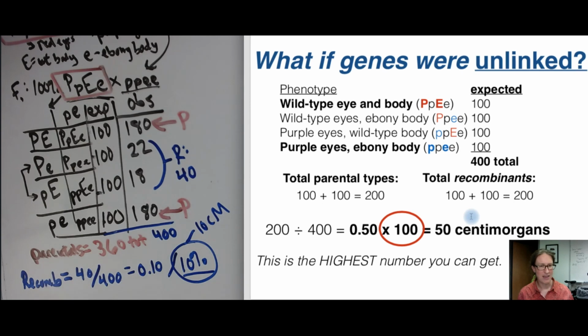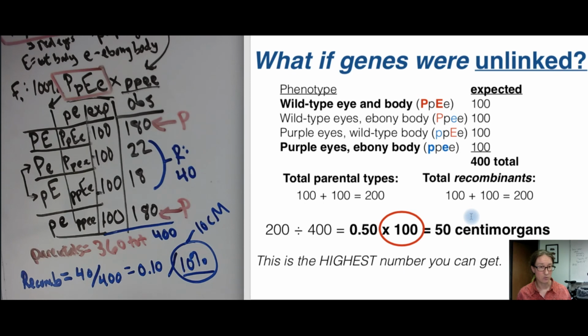So then we can't really call anything parental or recombinant, but we can pretend that they're parental and recombinant. Then, we're going to get 200 for our parental types, quote unquote, 200 for our recombinant types. And if you divide 200 by 400, then you get a result that's 0.5 or 50 centimorgans.